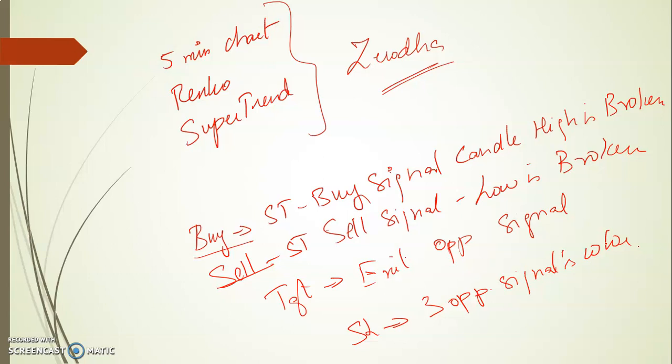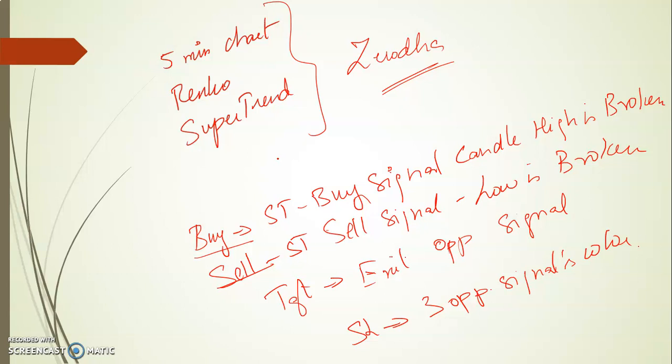Initially, maybe you can keep the entry candle's low or one candle below that. But once you keep on riding the trend and you want to get the benefit as much as possible, then you can have three opposite candles. If you're in a buy, three red candles is the stop loss. If you're in a sell, three green candles is the stop loss.